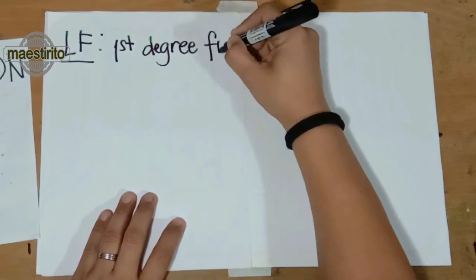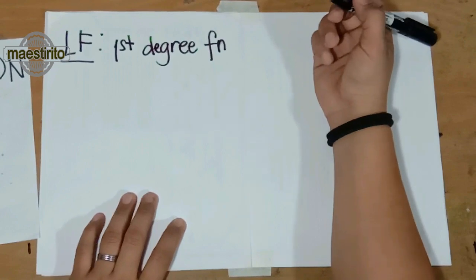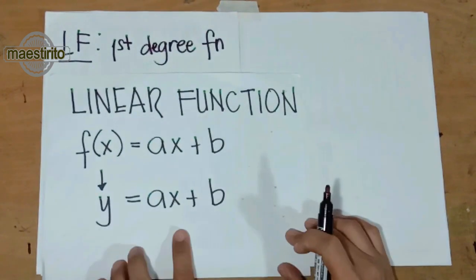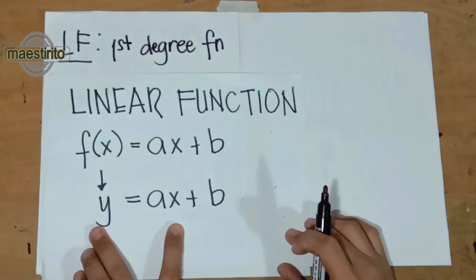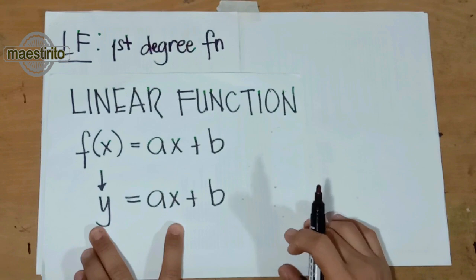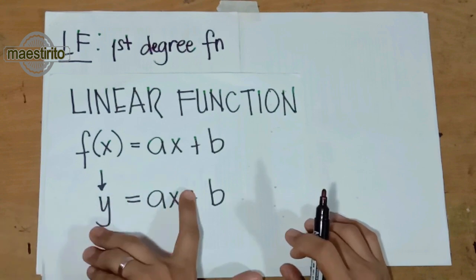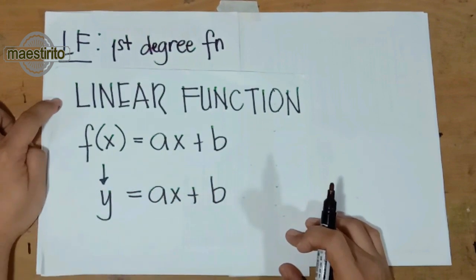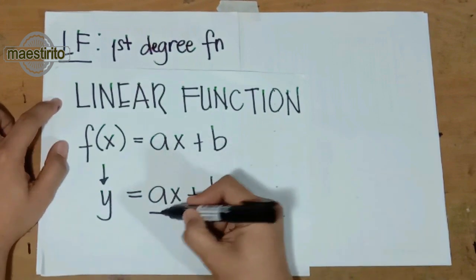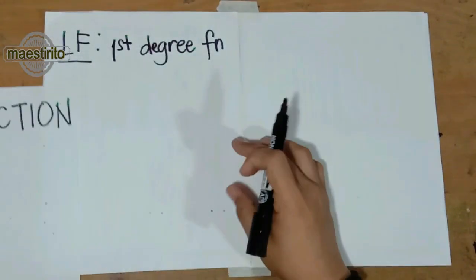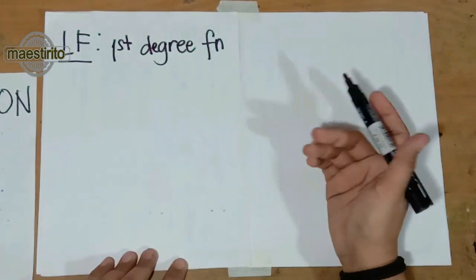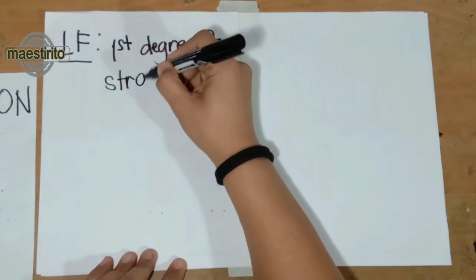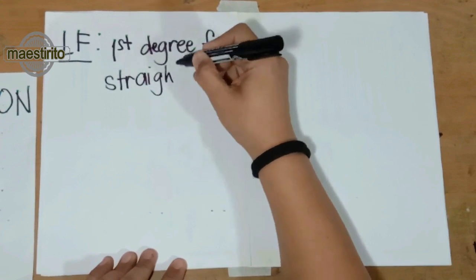If you notice, the variables y and x are in the first degree. Your y is raised to 1, your x is also raised to 1, and that makes this equation linear. And of course, we have the constants a and b. You also have learned that a linear function will give you a graph of a straight line.